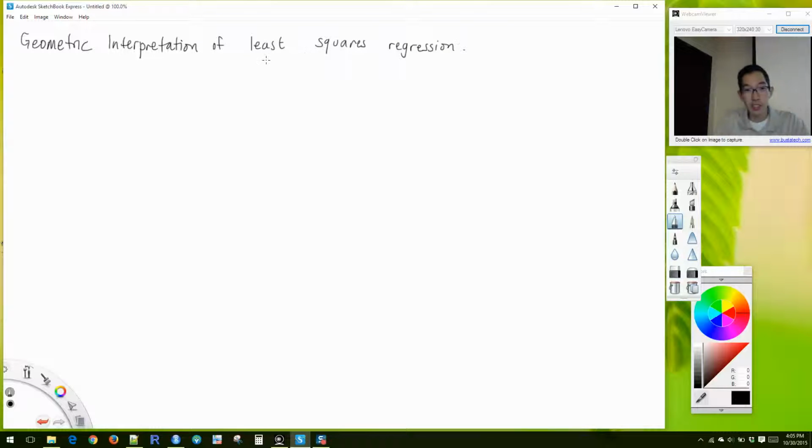And this applies to both simple linear regression and multiple linear regression.